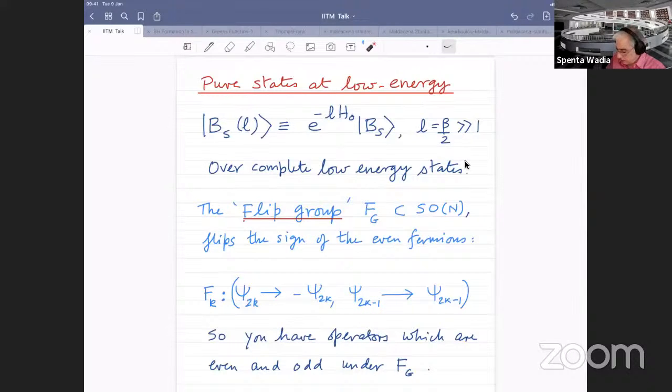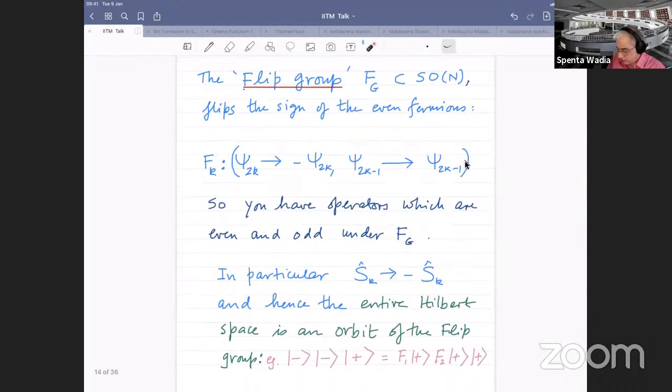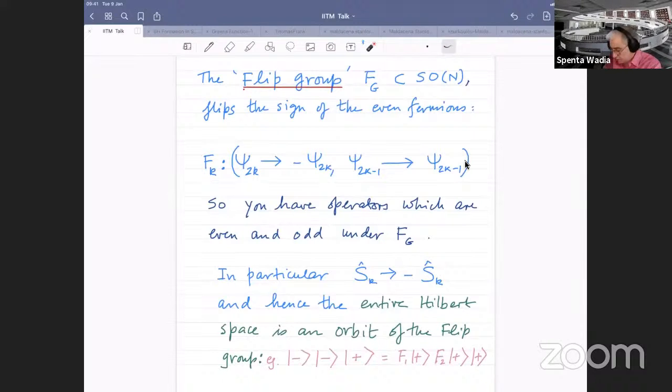You can show this is a subgroup, and in fact the spin operator, which is just a multiplication of subsequent SYK fermions, like psi of 2k minus 1 times psi of 2k, clearly is odd under this flip symmetry.